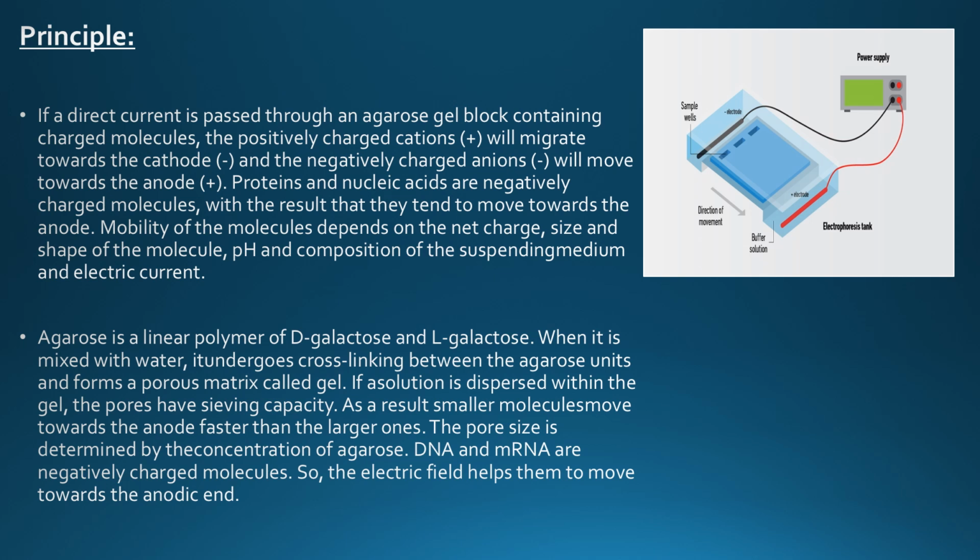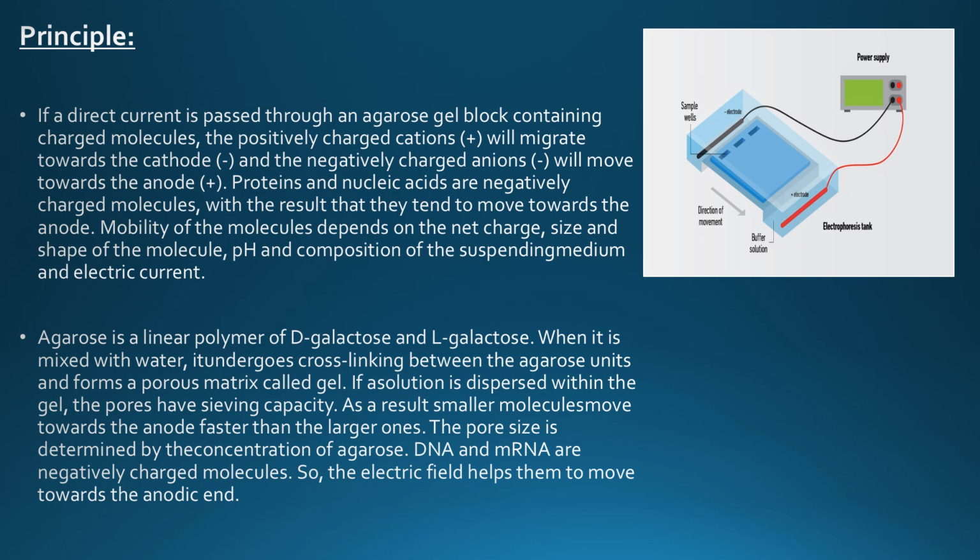Principle: if a direct current is passed through an agarose gel block containing charged molecules, the positively charged cations will migrate towards the cathode and the negatively charged anions will move towards the anode.